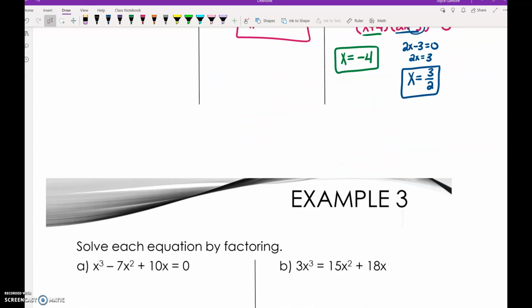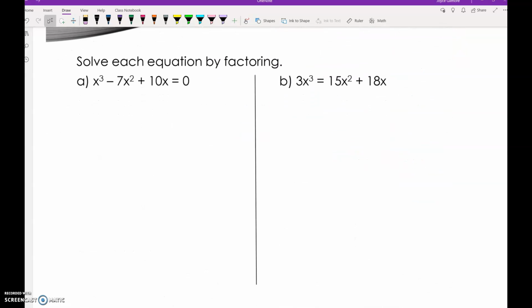All right, on example 3, we are going to do b only. What should we do in b? We got to get 0 on one side. We have two options. We can subtract 3x to the third on both sides, or we could subtract 15x squared and subtract 18x on both sides.